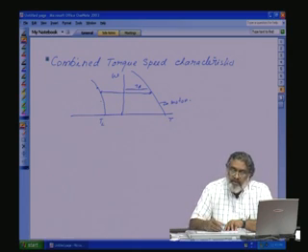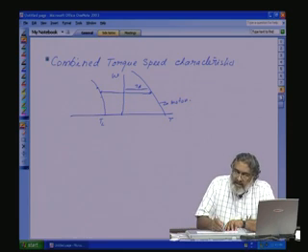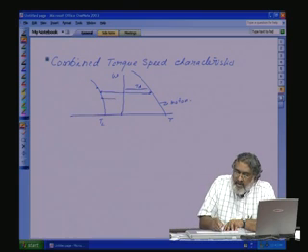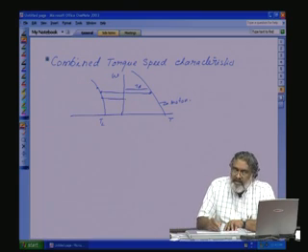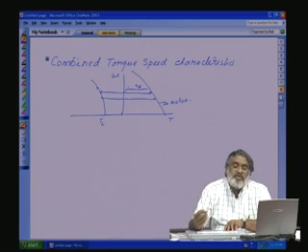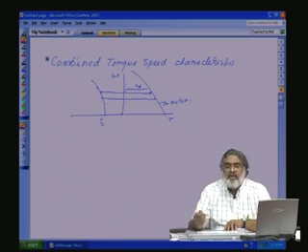Now, let the load torque decrease. In this case, what will happen? At this point, the load torque is less than the driving torque. So, this will accelerate the system, and it will come to the stable point. But this is for a typical load speed characteristic; in most cases, it will not come to a stable system.